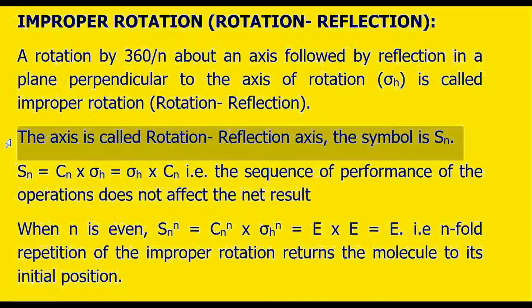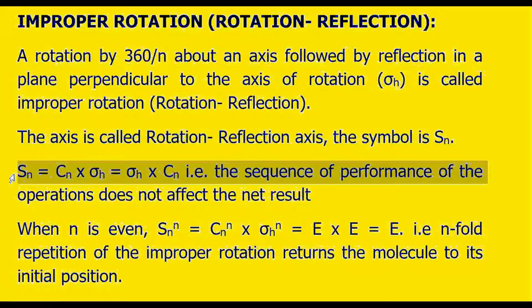The axis around which the rotation is carried out in this operation is called the rotation reflection axis, and the symbol given to this axis is Sn. Now, Sn is a combination operation.